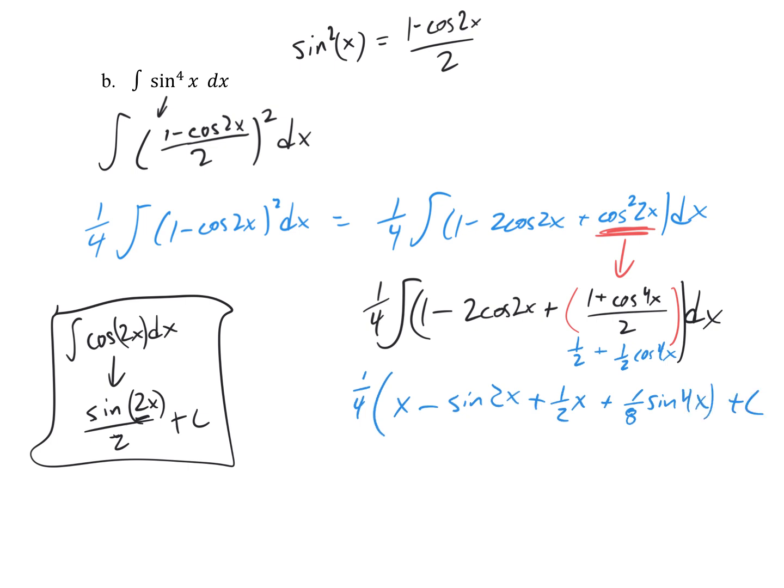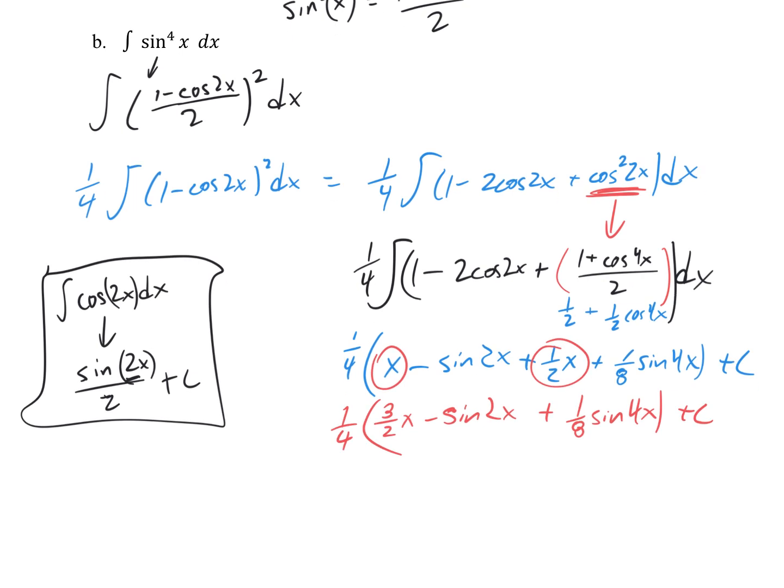And then our plus c. Okay, we can combine a couple of terms here. We can combine this x and 1/2 x, and then that's 3/2 x minus sine 2x plus 1/8 sine 4x plus c, and then still times our 1/4 in the front.